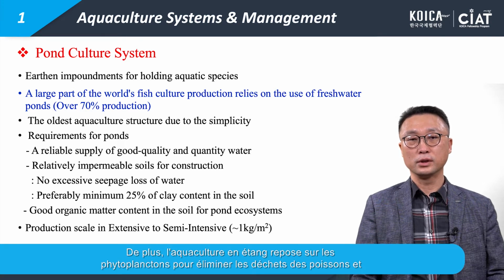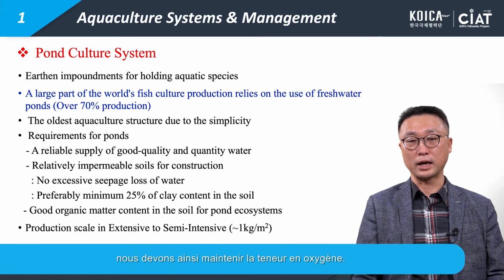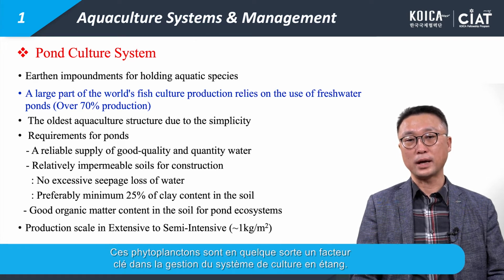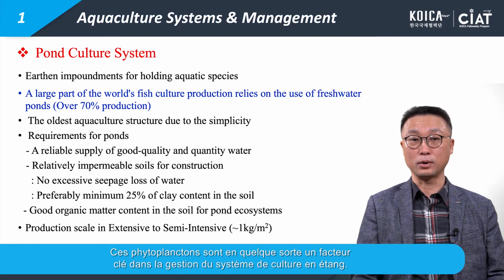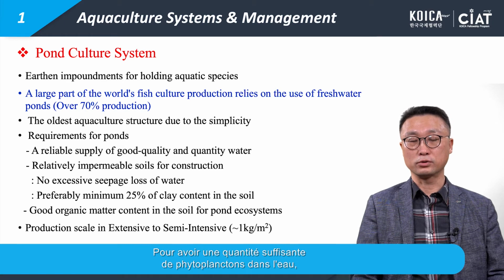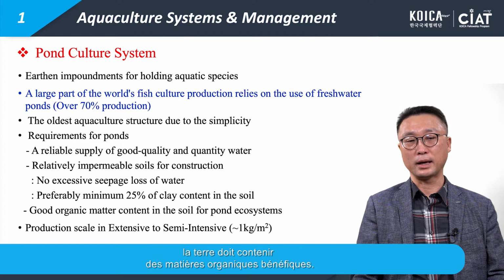And also, pond aquaculture relies on phytoplankton blooms to remove the waste from the fish, and also to supplement oxygen. So phytoplankton is a key factor in managing pond culture systems. To bloom enough phytoplankton in pond water, the soil should have good organic matter content.